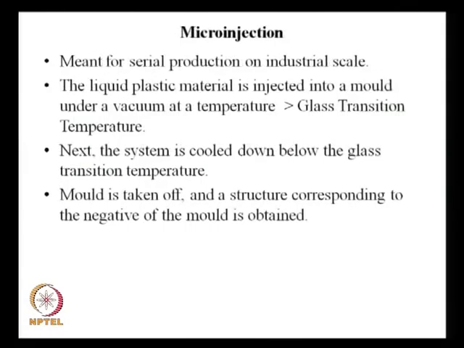The other technique that we discussed in the last class is micro injection. Micro injection is meant for serial production on industrial scale. Here the technique is very similar to molding. That means, you are forming a liquid which flows, you are forming the molten polymer which flows into the mold. Okay. In the last class, we discussed this technique.